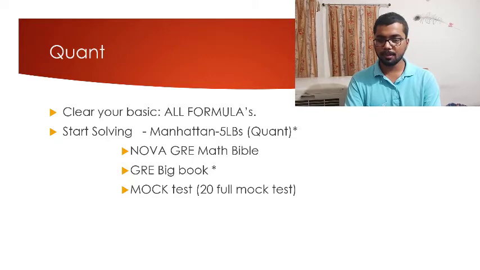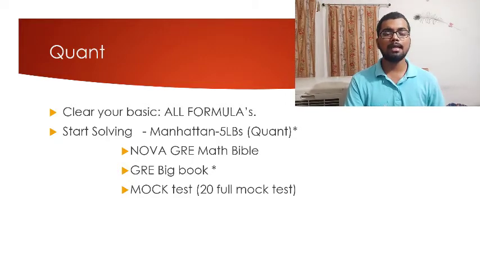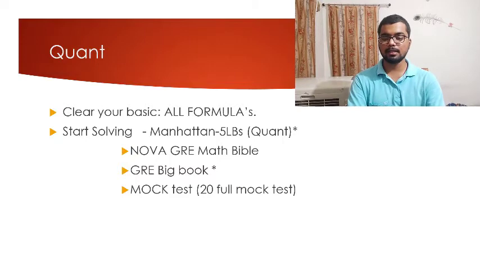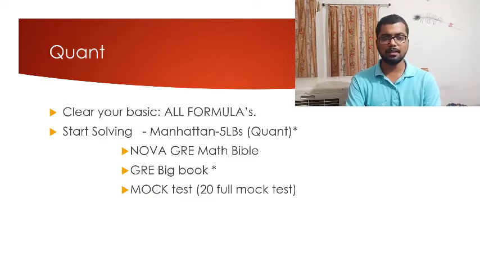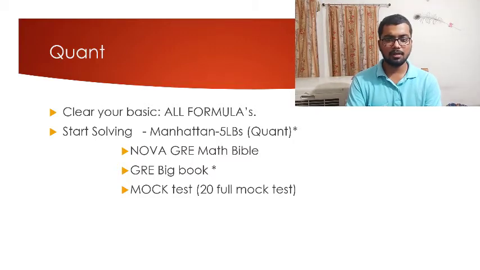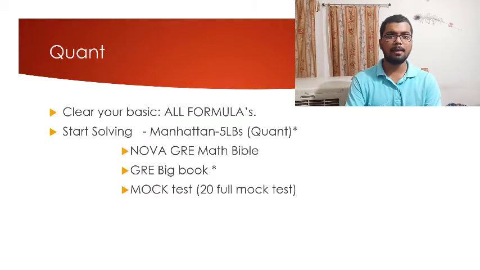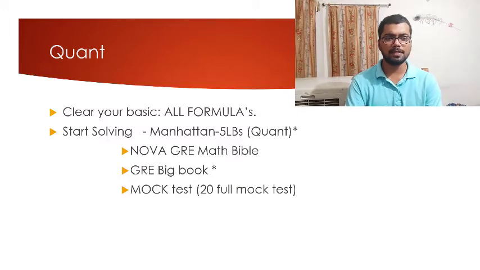For the quant, first of all, clear all your basics. There are around 30 to 32 topics in the GRE, like train problems, distance and time problems, boat and stream problems, SI, graphs and percentage, and a lot of other things.